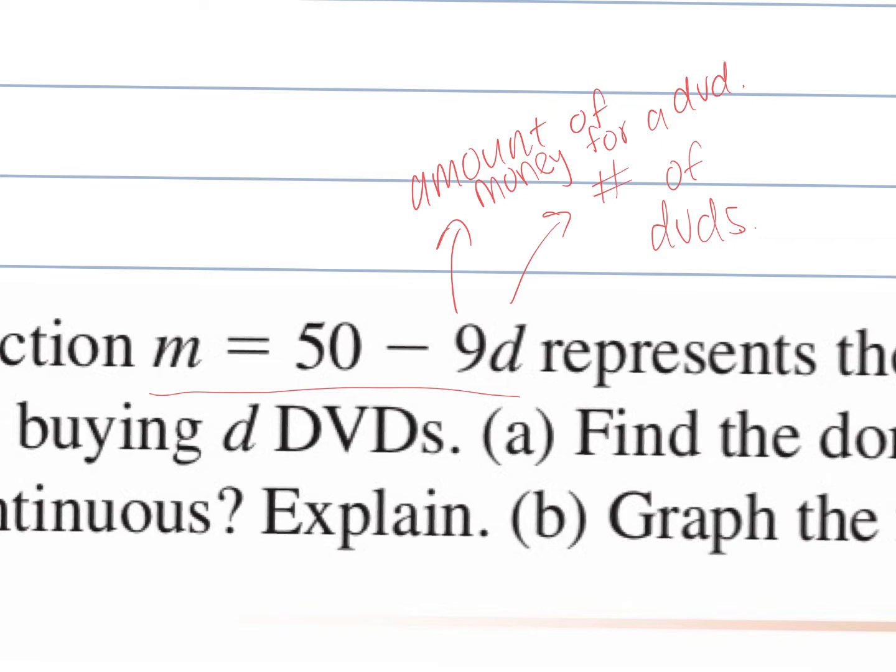It would be 4. Why, Maya? Because D represents the number of DVDs. Good. Now, what would be the amount that I'm paying for 4 DVDs, if it's $9 per DVD?